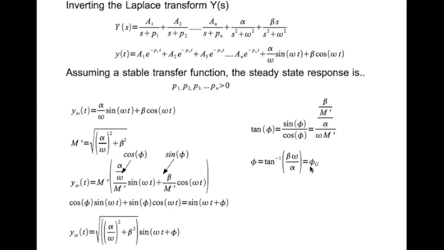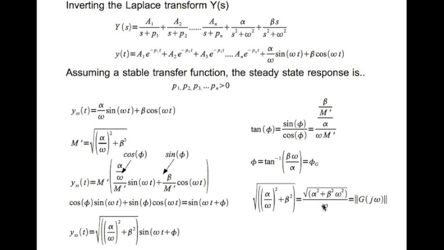And if you recall, this is the same as the phase contributed by the transfer function. And if I take the expression m dash, which is this, I can reduce it to this form. All I've done is cross multiply by omega squared here and bring omega out of the square root sign.